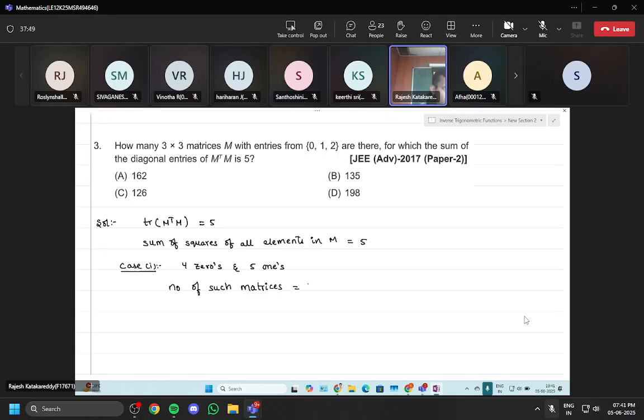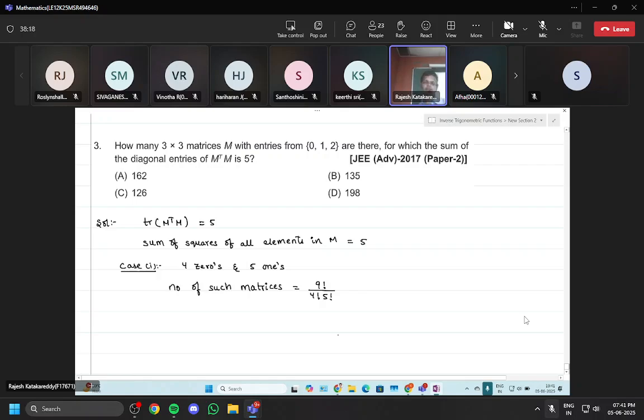Or you can also say this is 9 factorial by 4 factorial into 5 factorial. 9c4 means out of 9 boxes you are selecting any 4 and dropping zeros in those 4 boxes. Clear? The remaining 5 boxes will automatically be filled by ones in one way. So the answer in this case is 9 factorial by 4 factorial into 5 factorial.